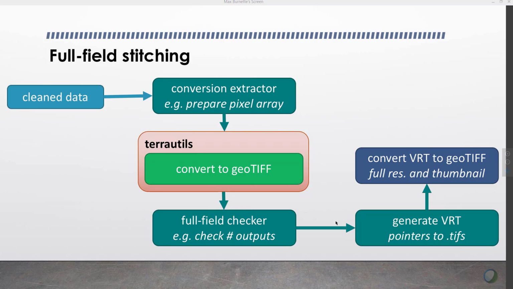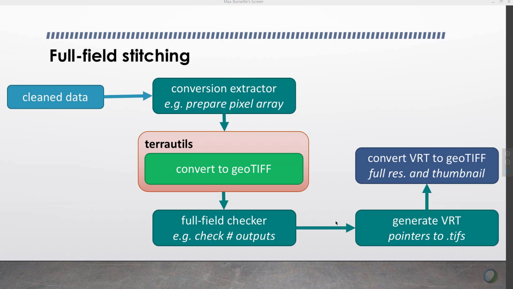So an example model of what this looks like is that you come in with your clean data, fresh off the Scanalyzer, and we want the first line of defense extractor to prepare for conversion to geotiff. Most of these sensors are spitting out a bin file, a raw file that's not of much use to anybody. So we have extractors that convert that to a geotiff.